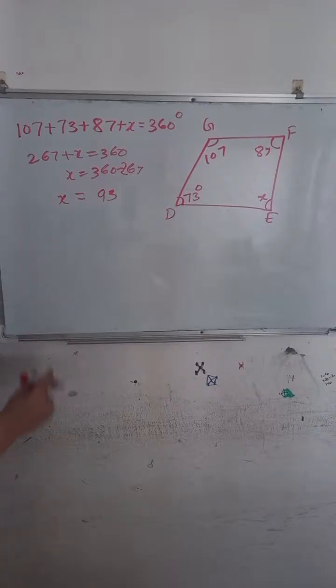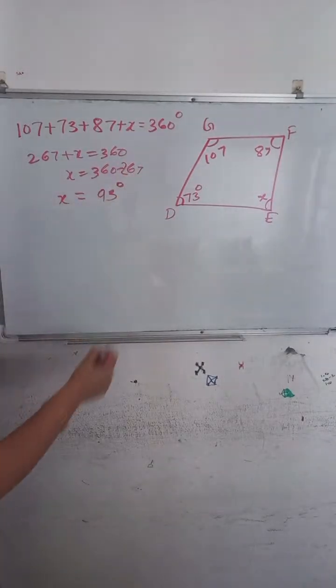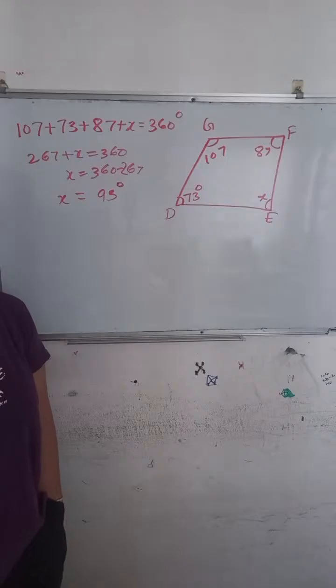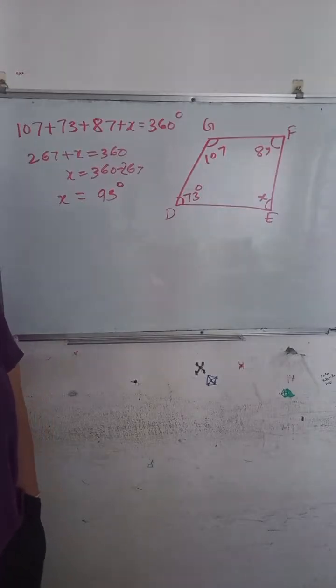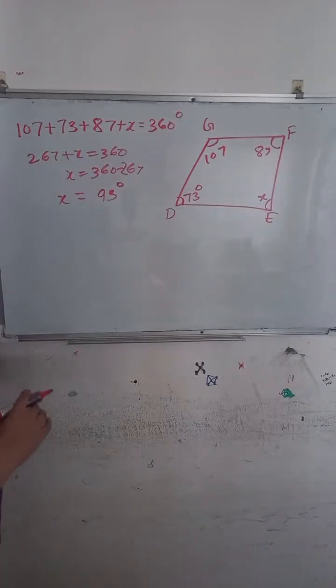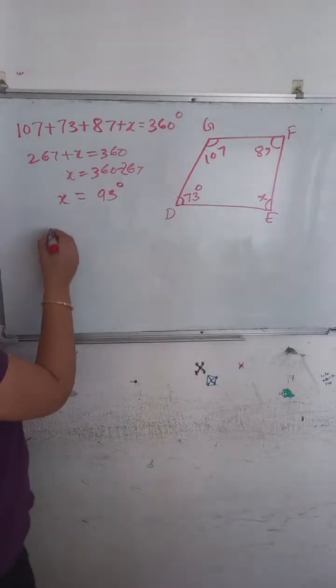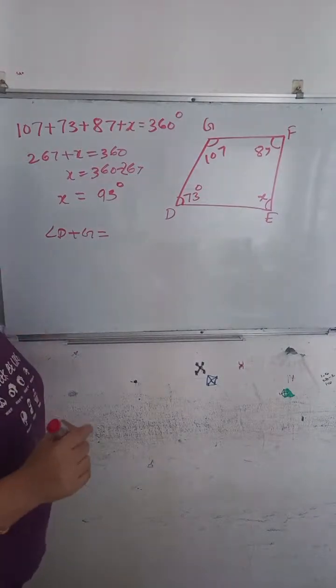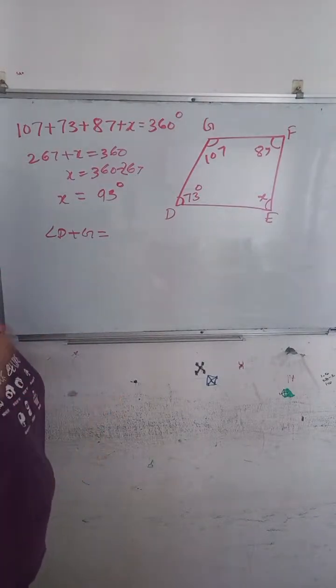They are asking to show that this is a trapezium, and in a trapezium any one pair of sides is parallel. So if I take angle D plus angle G, that should come to 180. That means their co-interior angle sum is 180.